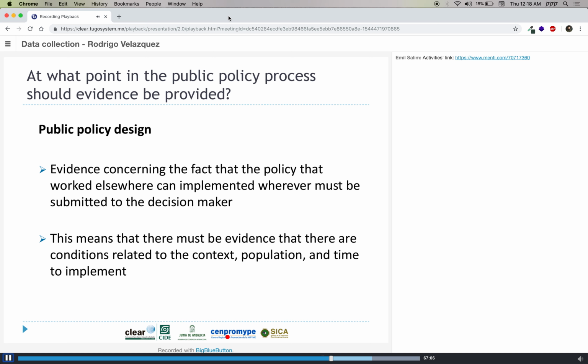So in this case, we are implementing and also collecting information, and this information is going to provide evidence, for instance, if we have to make some changes or adjust the government action. So in this stage, it is also very important to provide evidence. And of course, in the implementation, it is also important.